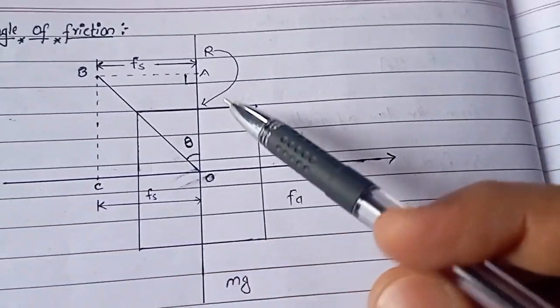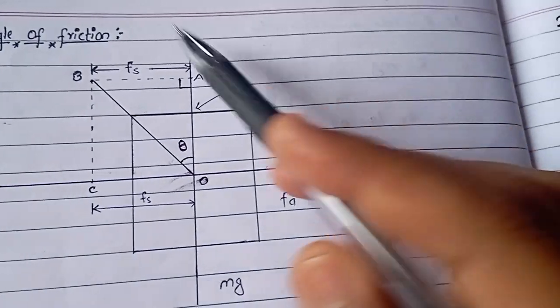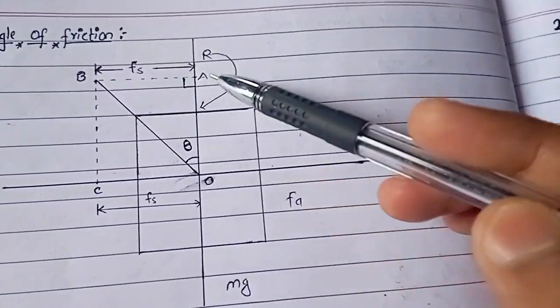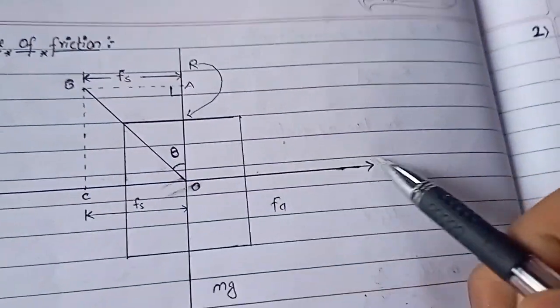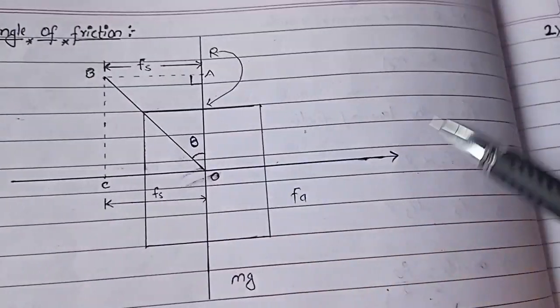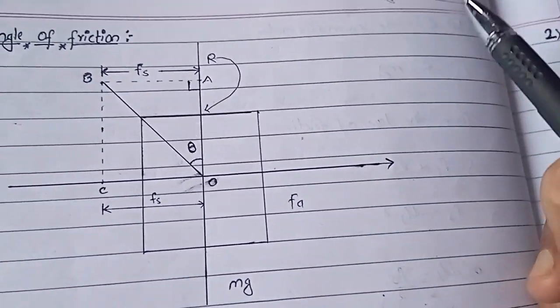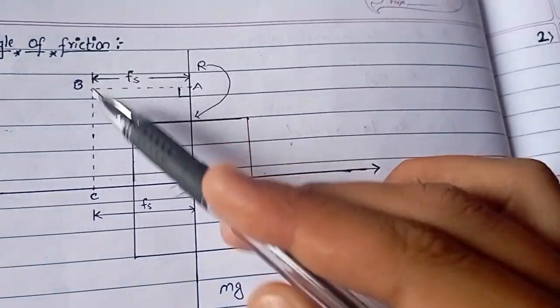As you can see, there are two forces, this one and this one. These two forces come in contact with each other. This is the y coordinate and this is the x coordinate. These are the two coordinates, and this is force 1 and force 2.